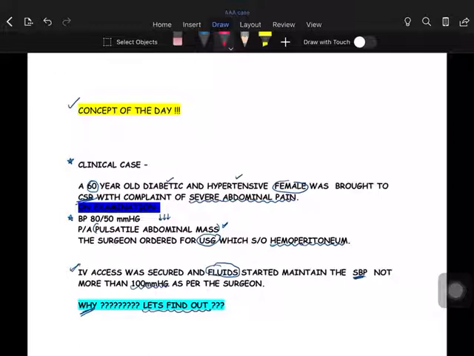So the concept is that, you see, this is an elderly female who has come with severe abdominal pain, with hypotension, and a pulsatile abdominal mass.